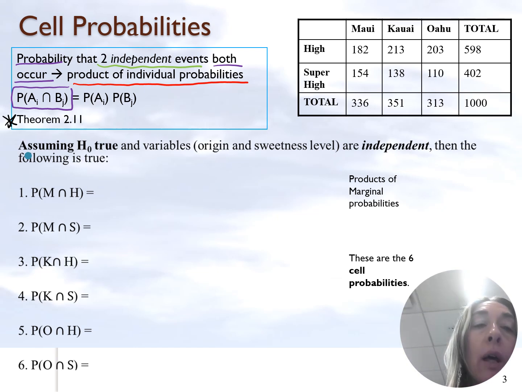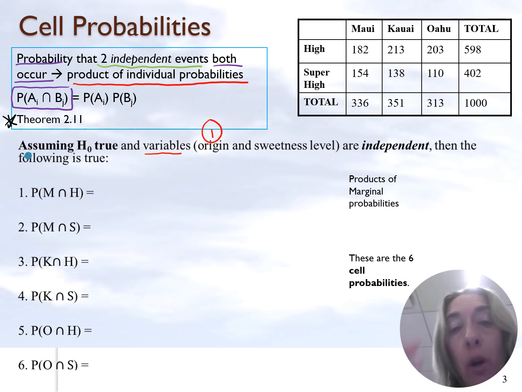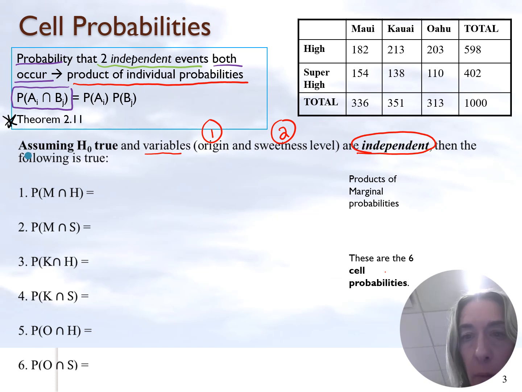Now, if we're running a test of independence, then what we do is we null hypothesize that our categorical variables, so in our example, Hawaiian island or Hawaiian origin and sweetness level or sweetness rating, are independent variables, in the same sense that we're talking about right here.